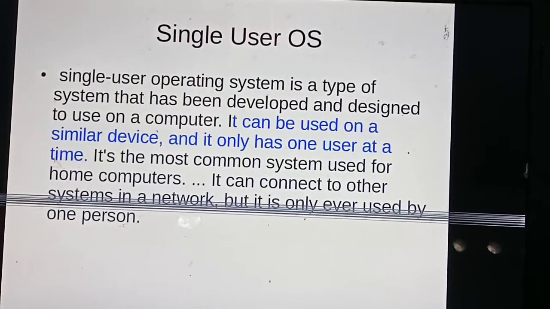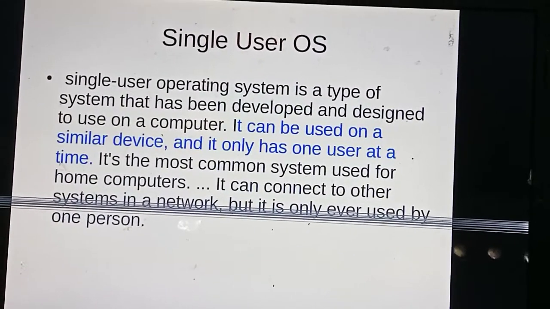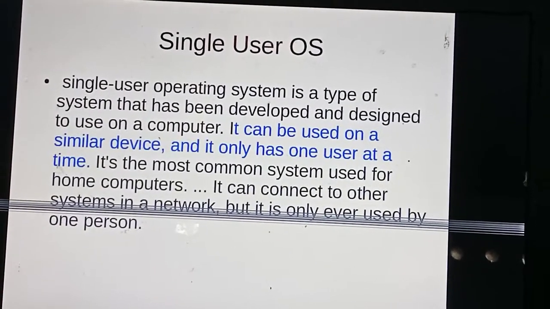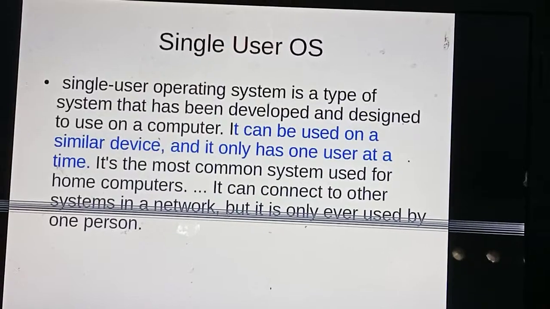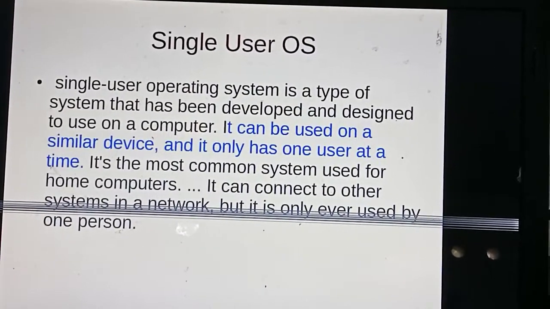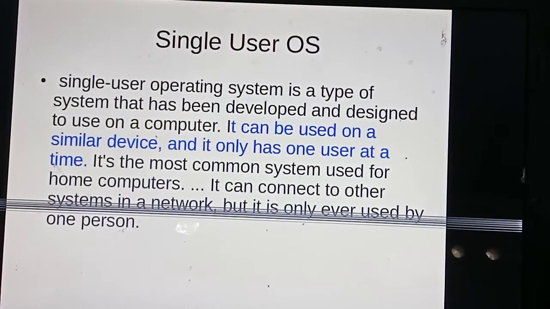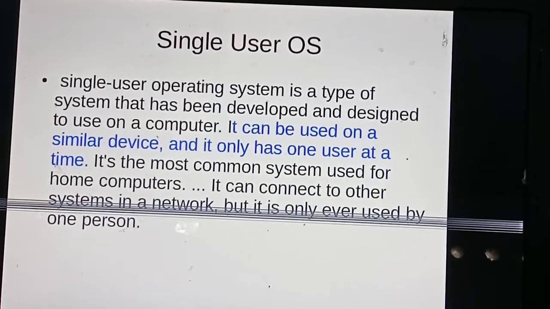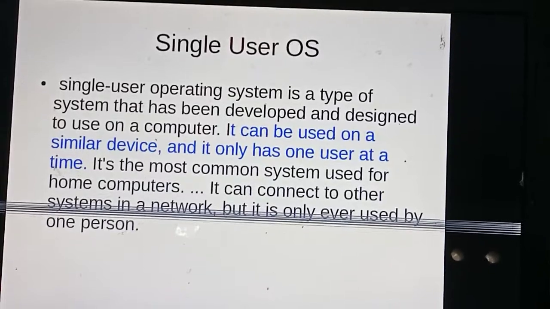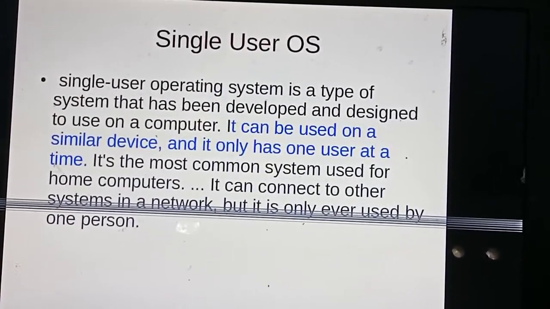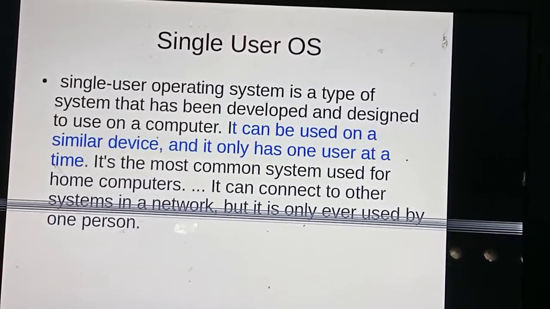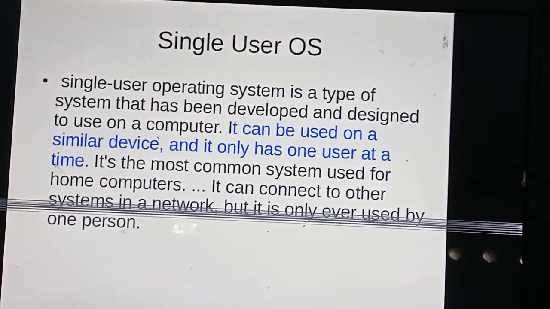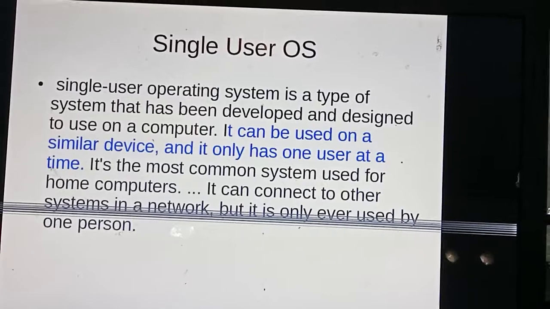If a person needs the computer, he can use it, and other users can use it after his use. If somebody purchases a multi-user operating system for home, it is such a waste, because in home normally only one person can do operations at a time.